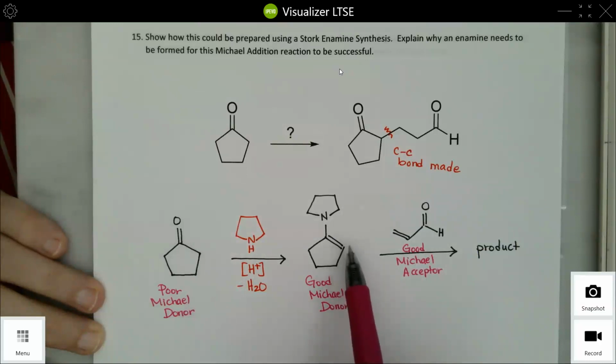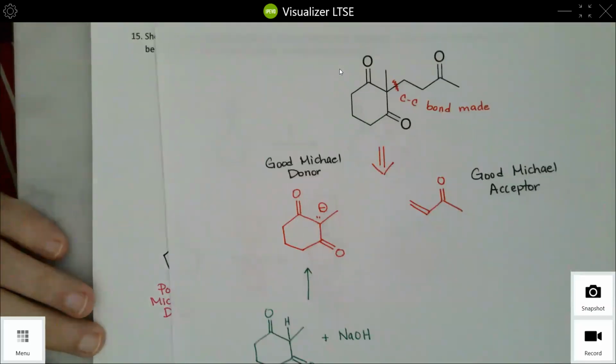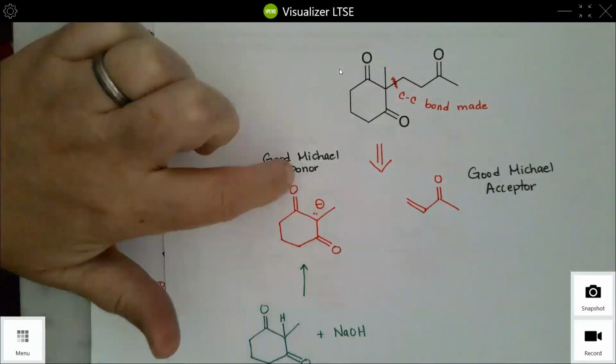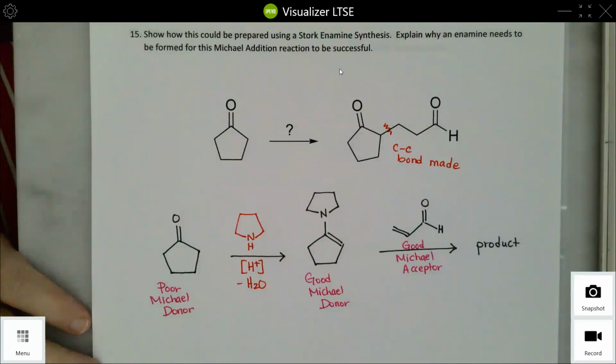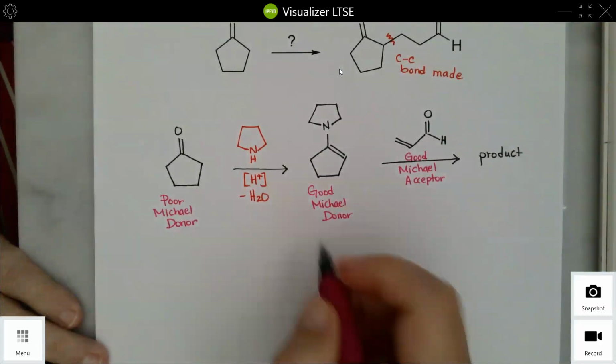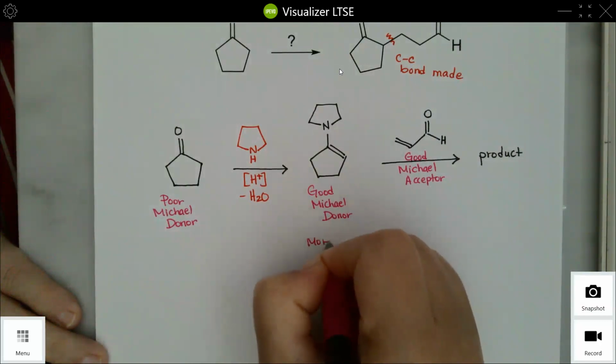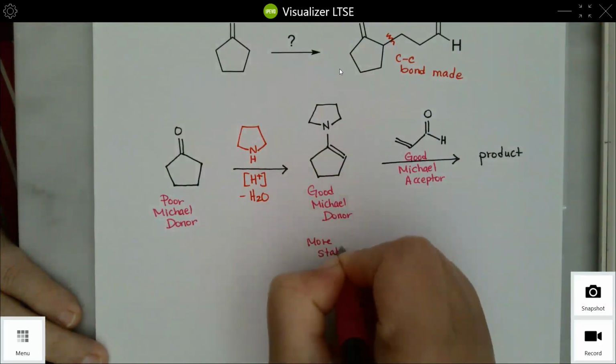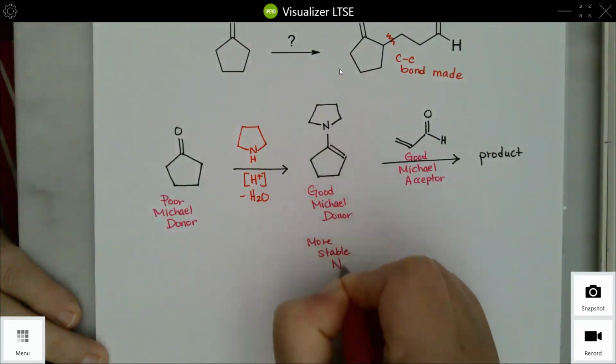It's nucleophilic at this carbon, but it's not as strong of a nucleophile. So it's much more stable, just like the previous case where we had the extra stabilization of the second carbonyl. So we can think of this as a more stable nucleophile.